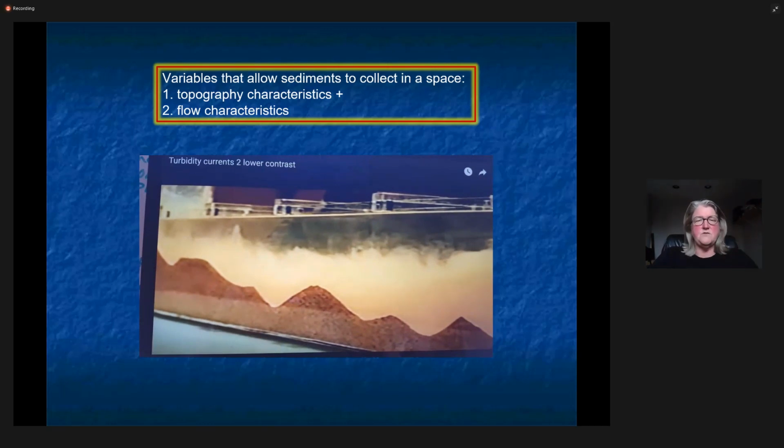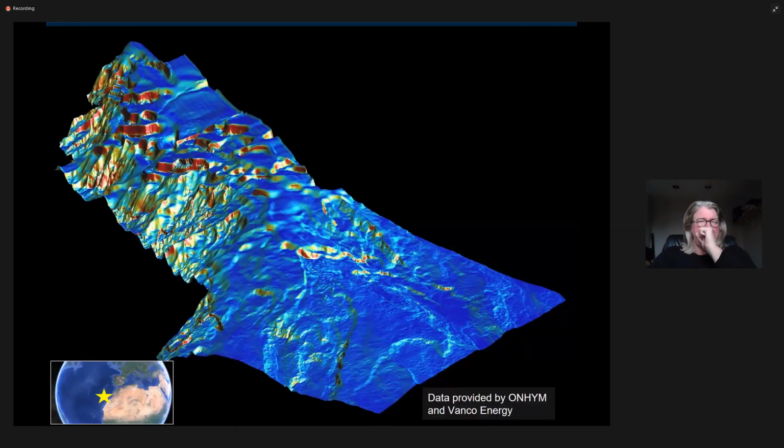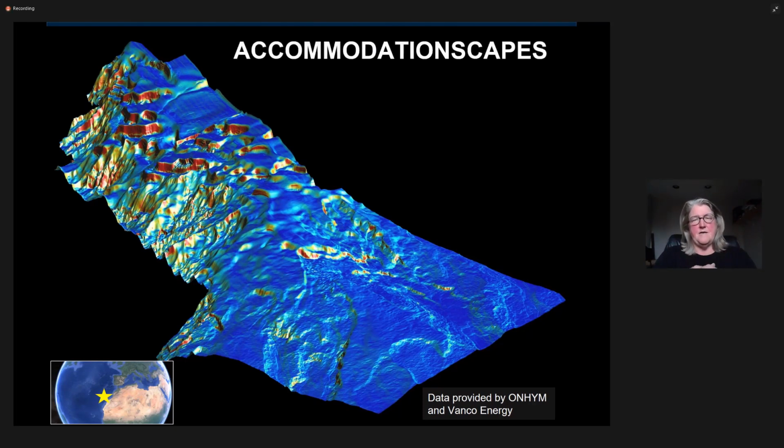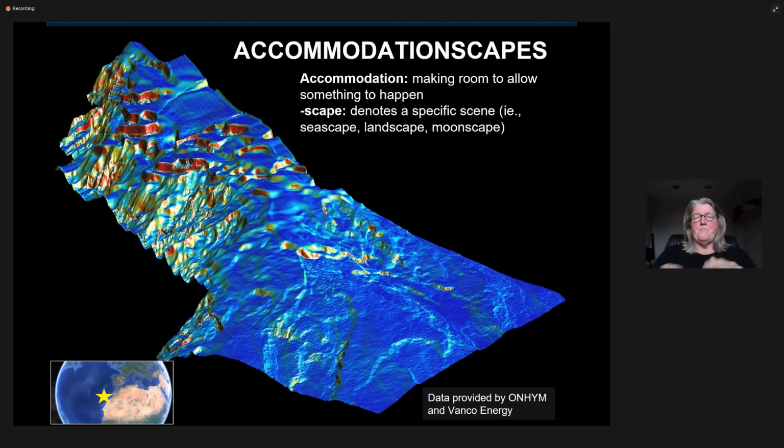And so what we've come to appreciate is that we no longer think of these systems only as seascapes and landscapes, but we also want to talk about accommodation-scapes. Accommodation is just making room for something to happen.